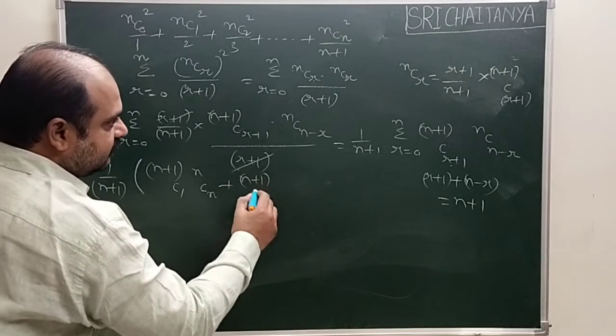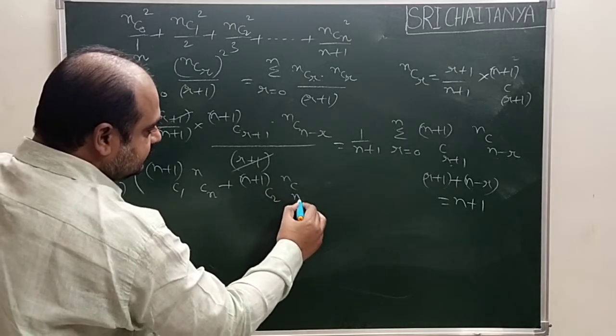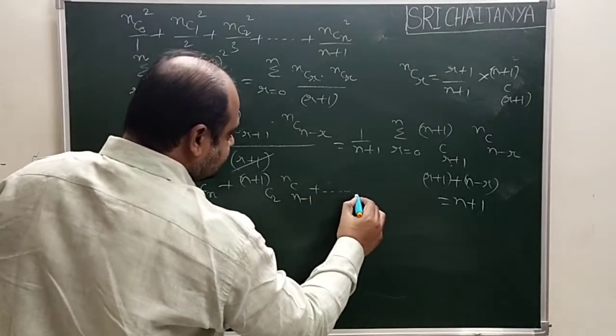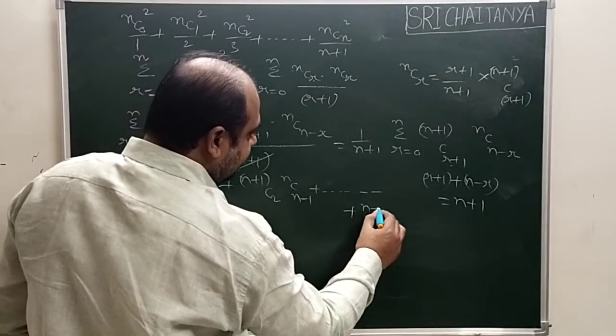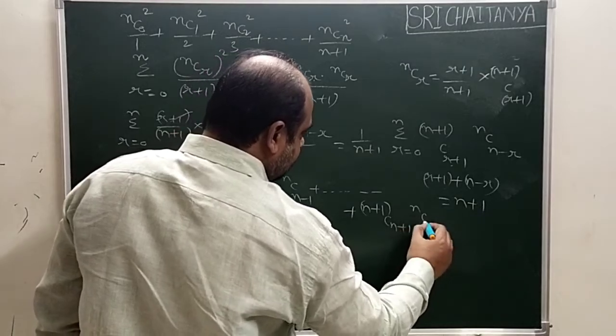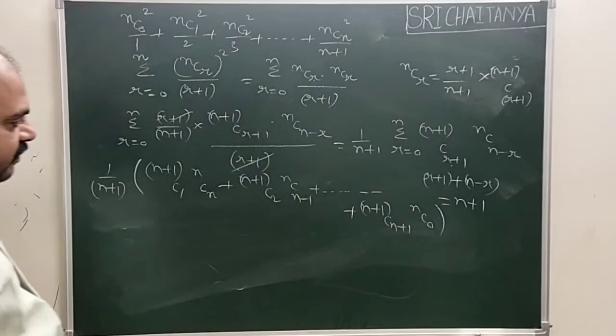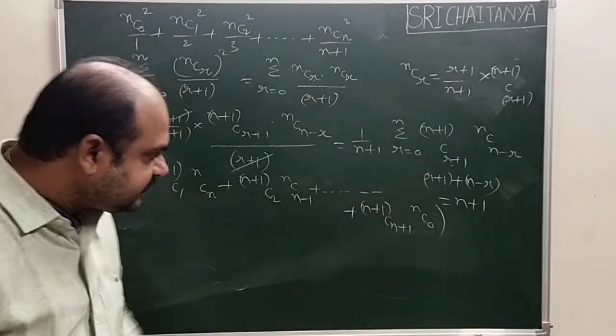R equal to 1 gives n plus 1 c2 into ncn minus 1, plus and so on. Lastly, if you substitute n, you will get nc0. Now you can observe this is a product of binomial coefficients.